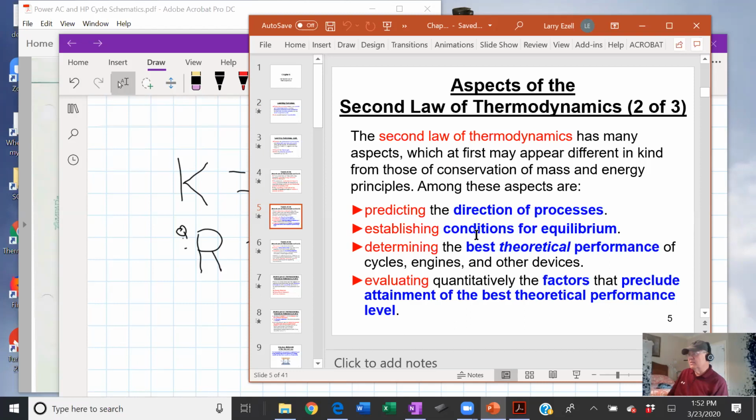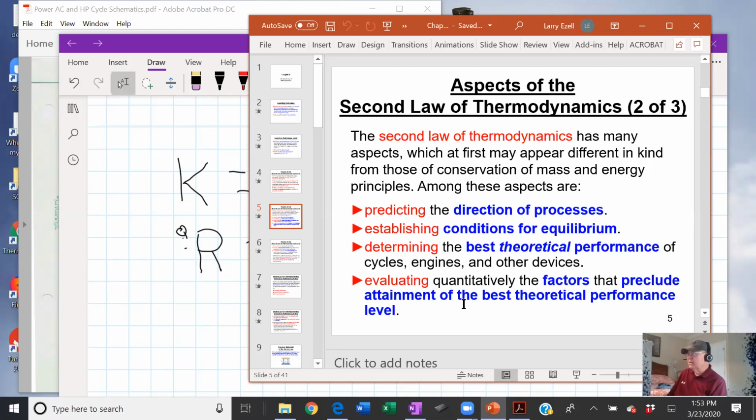The aspects of the second law also establish the conditions for equilibrium. And like I said about the Carnot efficiency, they tell you the best theoretical performance of cycles, engines, and other devices, evaluating quantitatively the factors that preclude attainment of the best theoretical performance level. In other words, we can predict the best performance level.